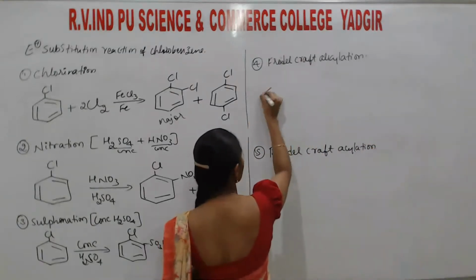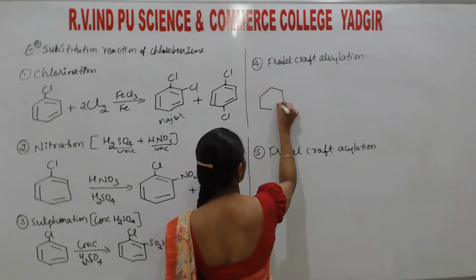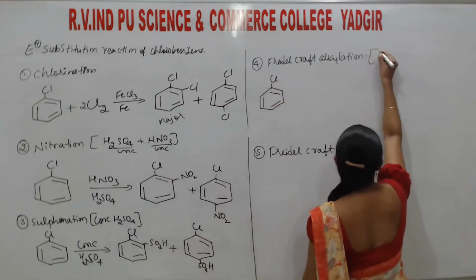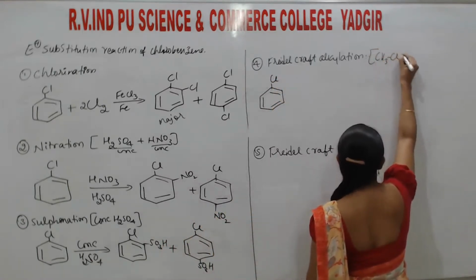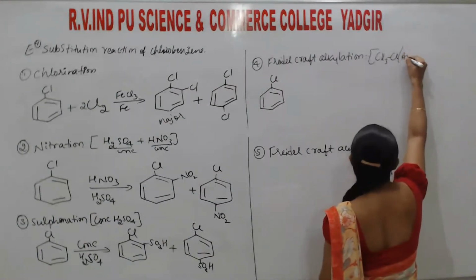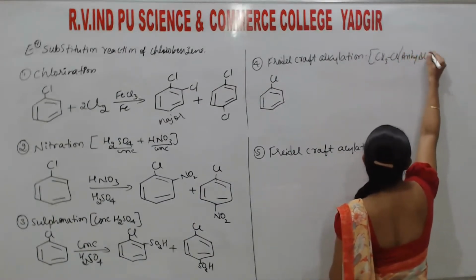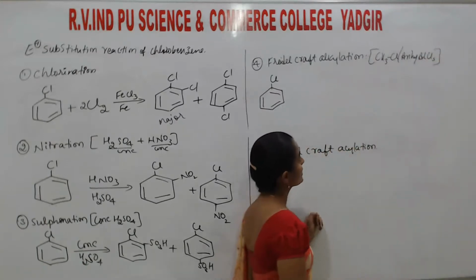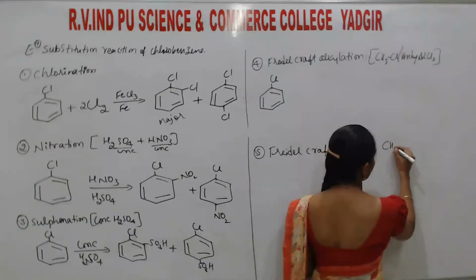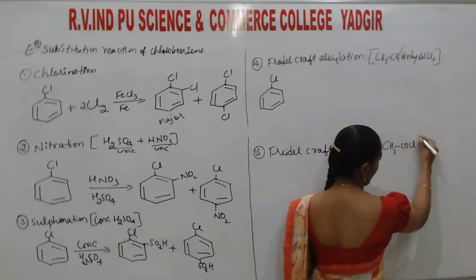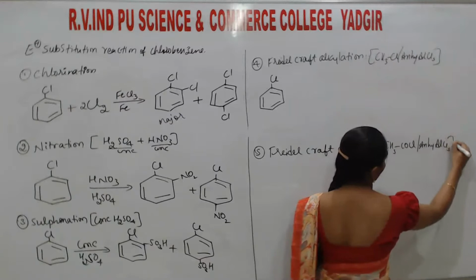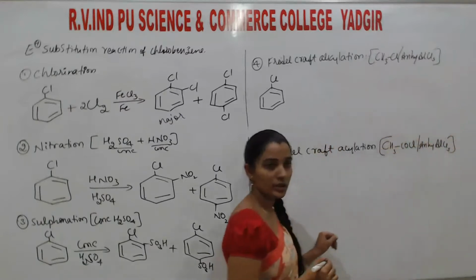So listen students, alkylation means your benzene ring is there, always alkyl halides, anything, in presence of anhydrous aluminium chloride. This is acyl, CH3COCl in presence of anhydrous aluminium chloride. These two are the reagents.